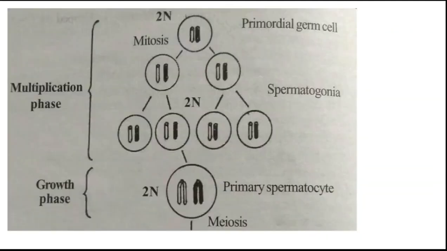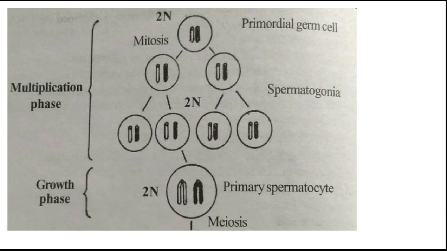In the multiplication phase, the primordial germ cells are larger in size and their nuclei are distinct. They undergo repeated mitotic division.